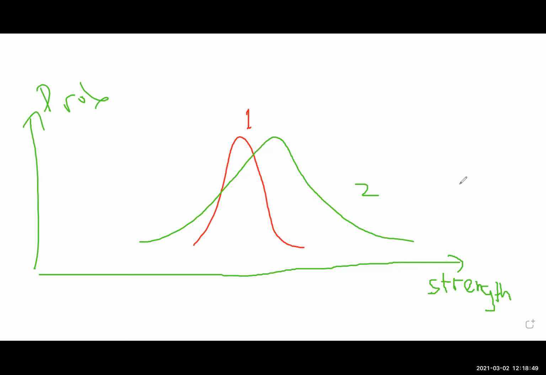I think the consistency of the product is shown by the width of this curve, of this mountain. The standard deviation in 1 is smaller. So I guess number 1 is higher quality because of less width, less standard deviation.